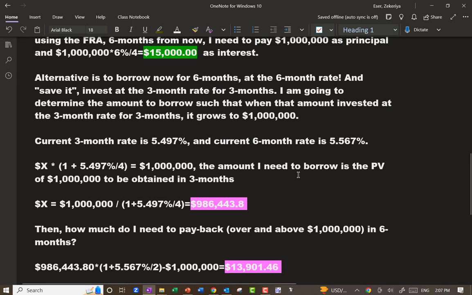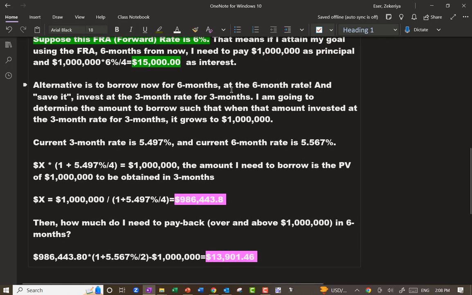And in this case, if I use the forward market, if the forward rate is 6%, it's going to cost me 15,000, right? If I do the money market way, it's going to cost me 13,901. Which one would I prefer? Exactly. You prefer the one that is lowest.